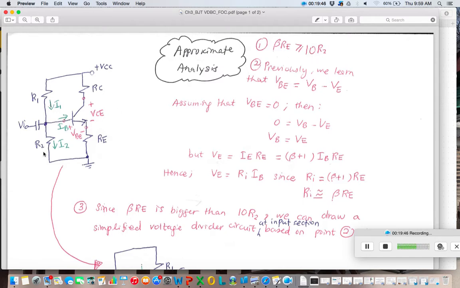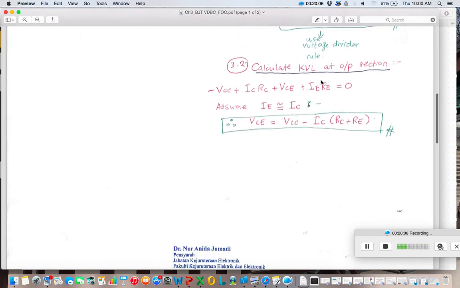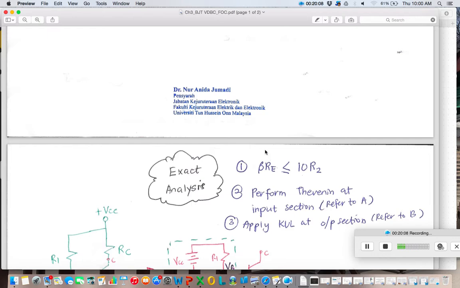Then compare which one is greater and which one is smaller. If beta RE is greater than 10 times R2, you use approximate analysis. If it is less than 10 R2, you use exact analysis. Okay, is that clear?